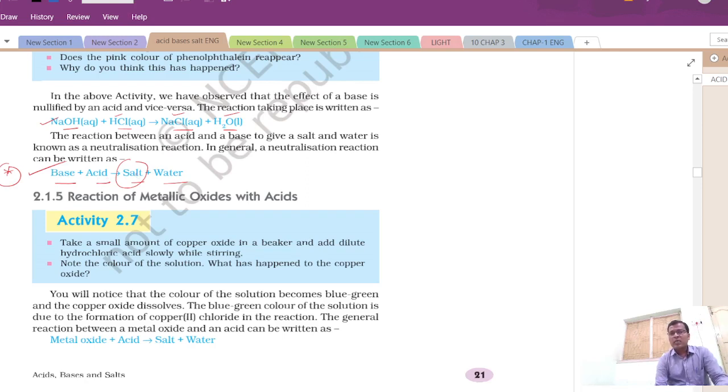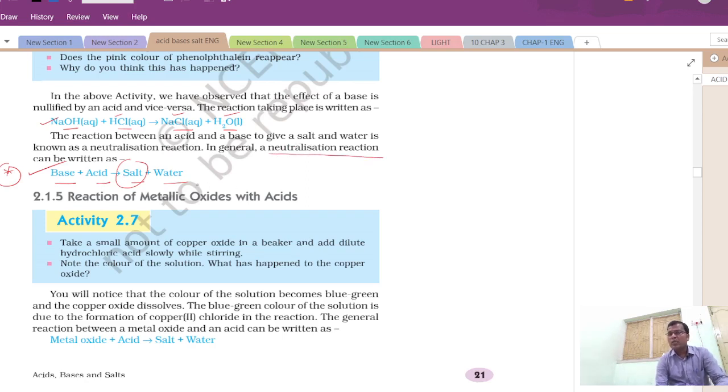That means whenever a base reacts with an acid, they neutralize each other. They neutralize the properties of each other and lose their property in the reaction. We will study later that this reaction is called a neutralization reaction.